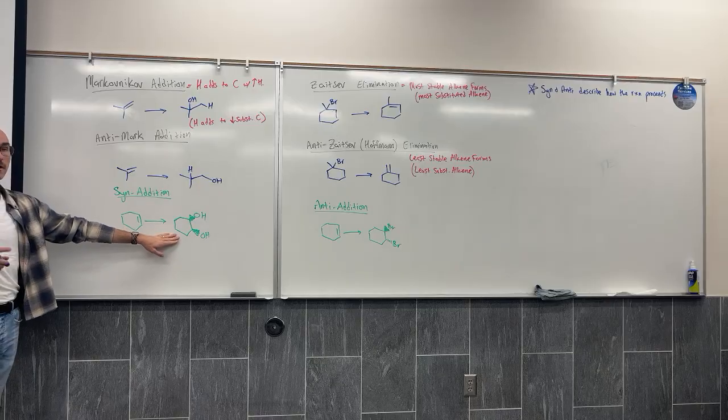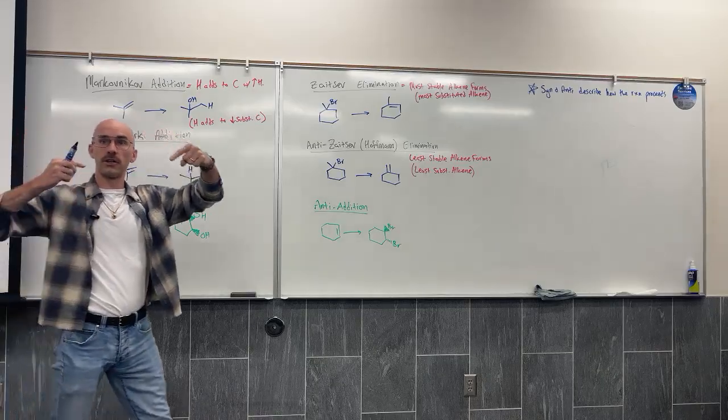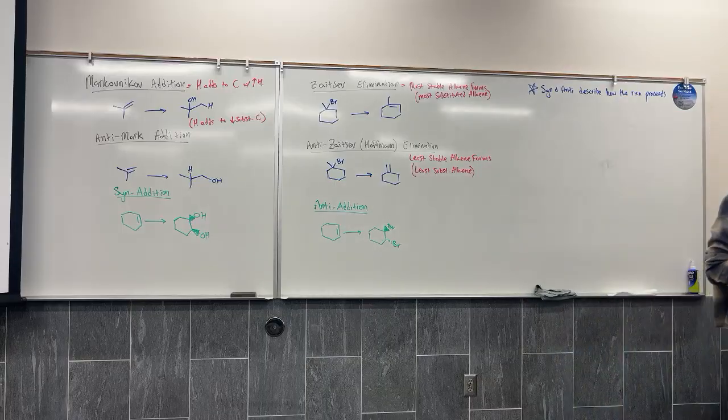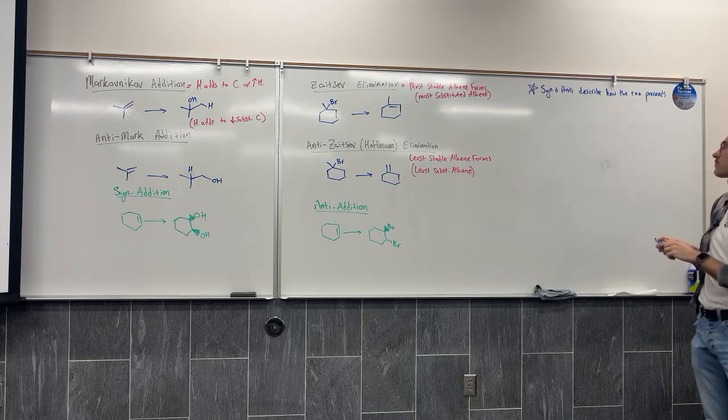And they can only be used in rings because in our linear structures, we have freedom of rotation, which means things are never truly cis or trans to each other. They can look cis in one conformation, they can look trans in the other conformation.